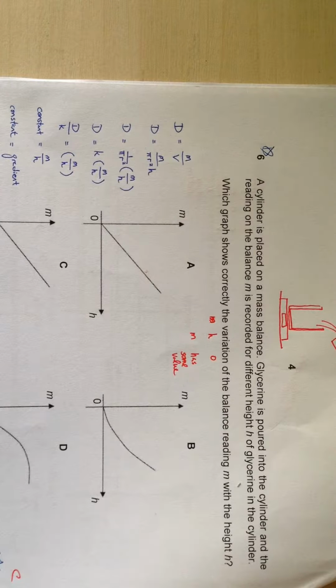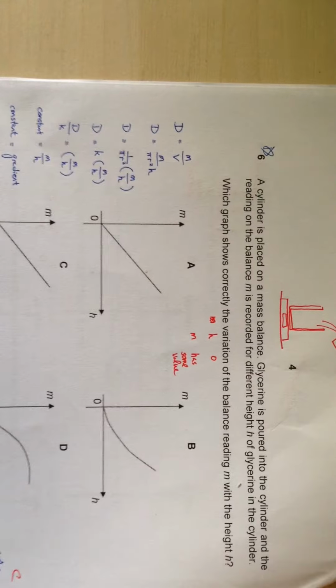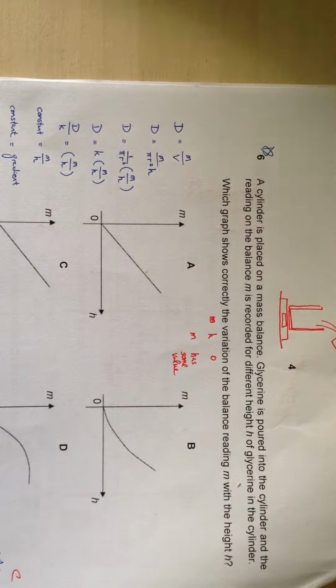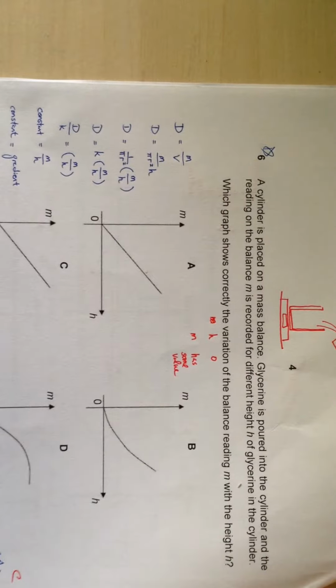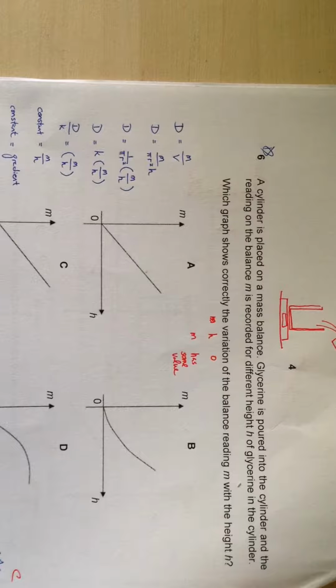Then you need to deduce what is the relationship between M and H. So, how can I find a relationship between M and H? The only physics quantity in your syllabus that relates mass to a certain geometry is density, because density relates mass to volume, and volume is your geometrical parameter, right?